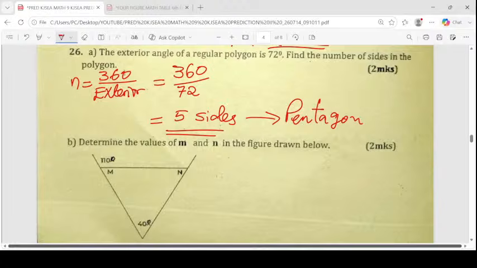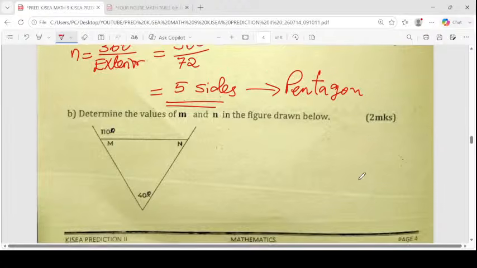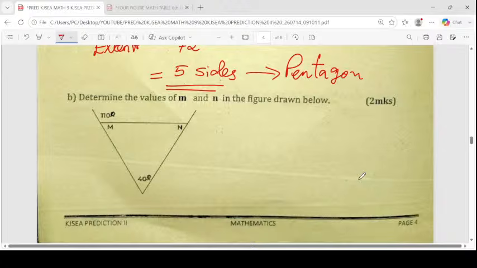Let's look at question B of part B of this particular question. It says determine the values of m and n in the figure drawn below. When you look at it, this is 40 degrees. This is 110 degrees.